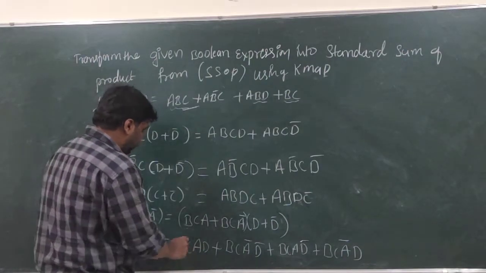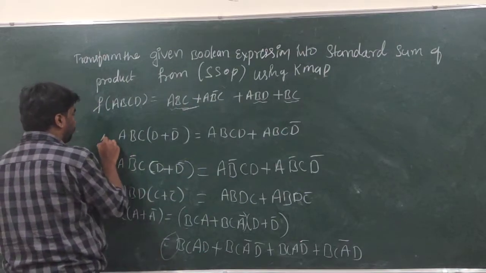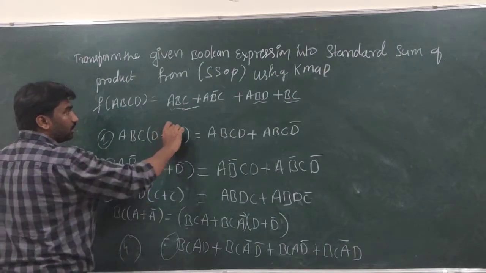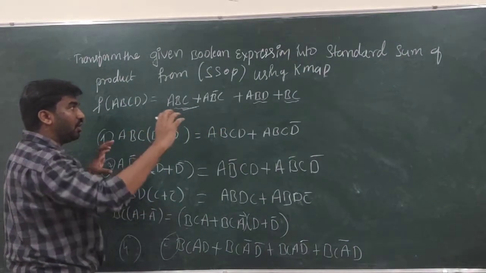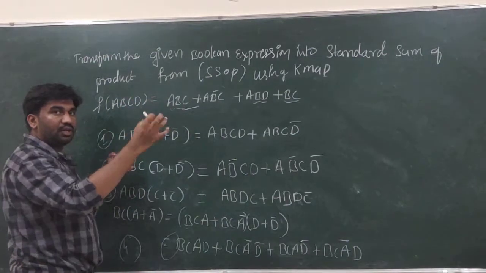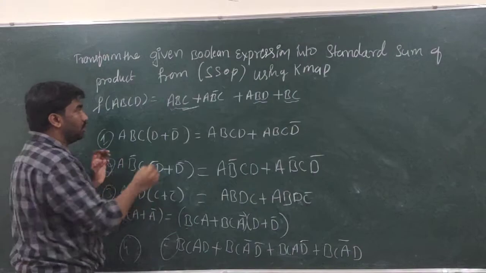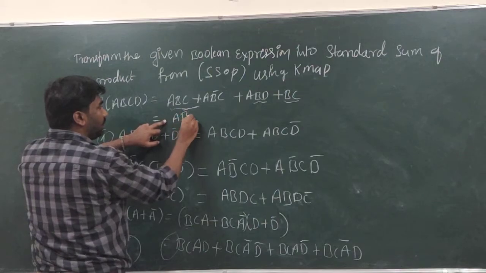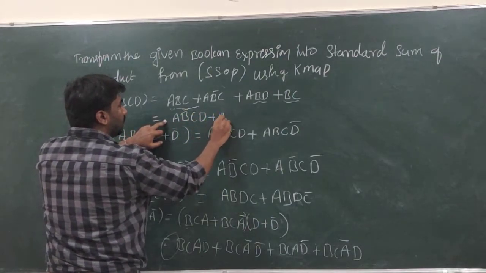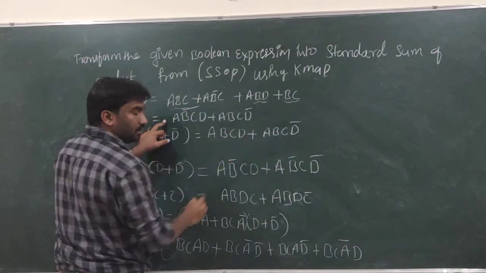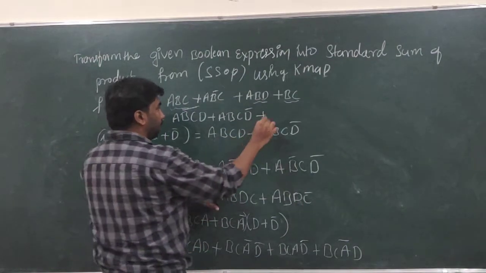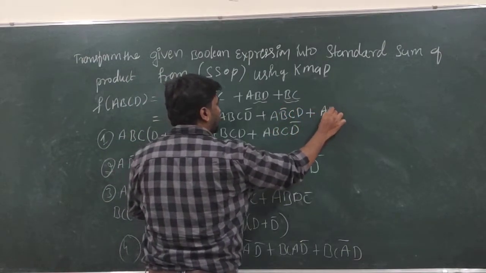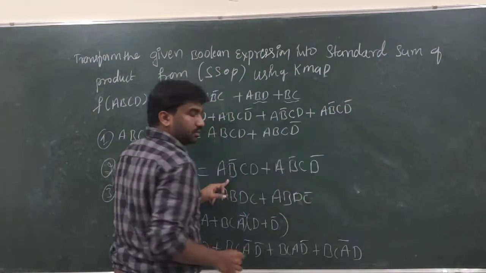Now we have to add these terms: the first term and second term, third term and fourth term. Next, using that standard SOP we can reduce it by using K-map. So first I am going to write here A, B, C, D plus A, B, C, D bar, plus the second term A, B bar, C, D plus A, B bar, C, D bar.